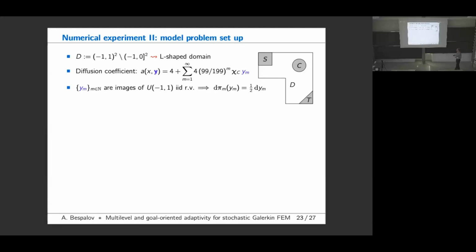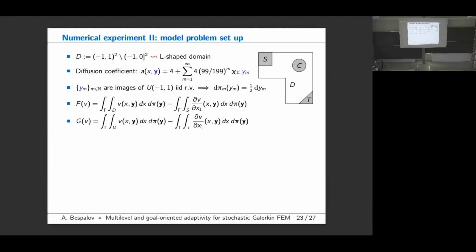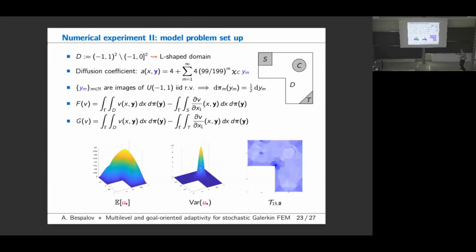For the numerical result in the multi-level goal-oriented case, Michele wanted to consider this problem where we have different inclusions in the domain. The right-hand side of the primal problem has inclusion S. The goal functional has this inclusion from the previous example, T, and the coefficient has this characteristic function associated with inclusion C. So we will see how the algorithm deals with this. Indeed, the mesh here picks all singular points.